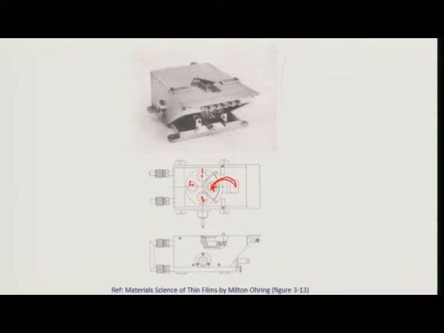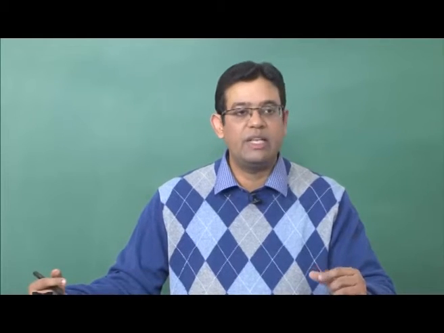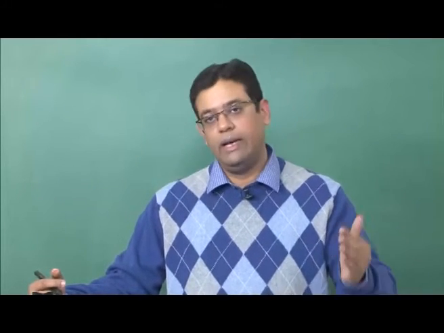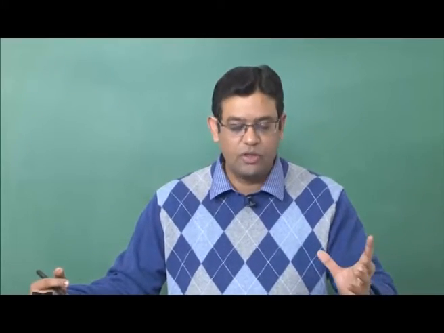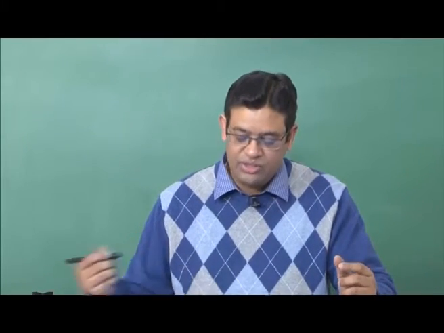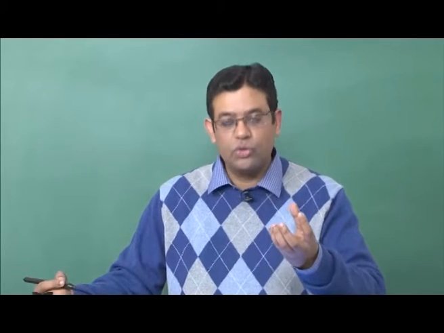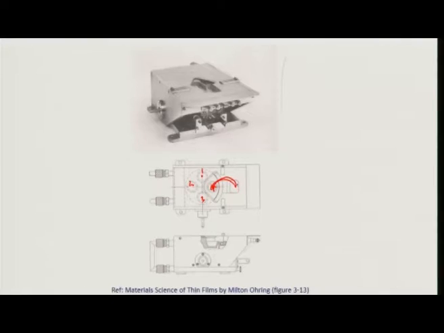So you can load in your deposition chamber up to 4 or maybe sometimes 6 sources of different material. Suppose you want to deposit aluminum and then gold and maybe another layer of copper. You can put all these sources, rotate to choose which you want, use the electron beam to heat that, and then that material gets deposited.